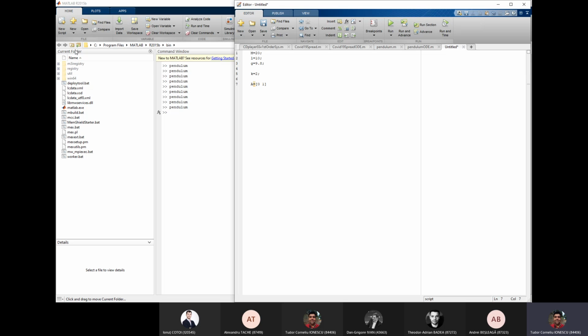Do you know how to introduce a matrix in MATLAB? You're familiar with that, right? Minus G over L, minus K over M. And this is your A matrix. Your B matrix. Now we make some input for the system. Let's make it 0.